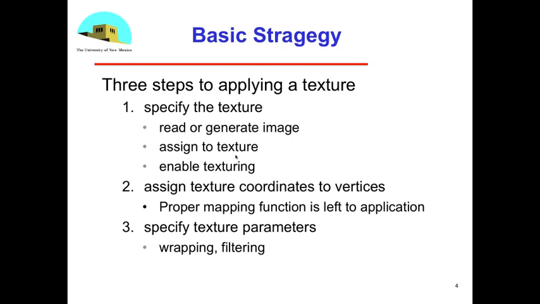Now we'll start off with a very basic approach that talks about a three-step process. Actually, we're going to look at some other steps probably in the next lecture, that discuss in a lot more detail things that you can do to control textures more precisely. But the three basic things you have to do: one, the texture. What is that image going to be? We're either going to generate it by some code, or we'll read it in from someplace.